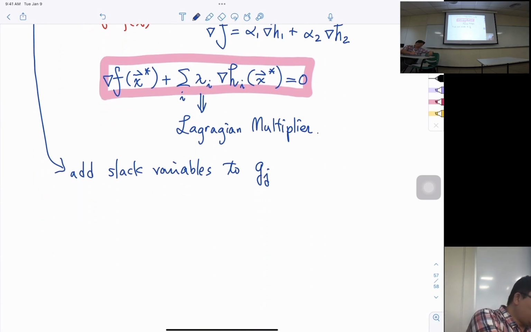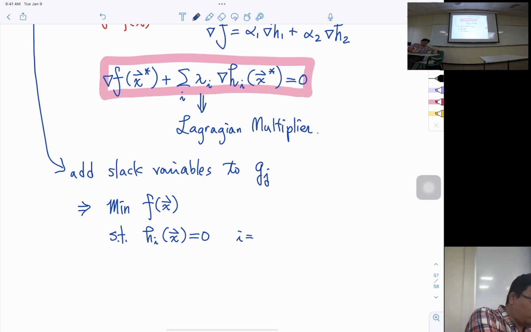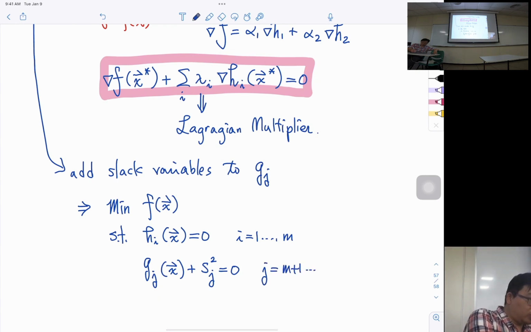Okay. So what we will have at the end is minimizing f of x subject to hi of x equals 0, i goes from 1 to m, and Gj of x plus Sj squared equals 0, j equals m plus 1 to n.